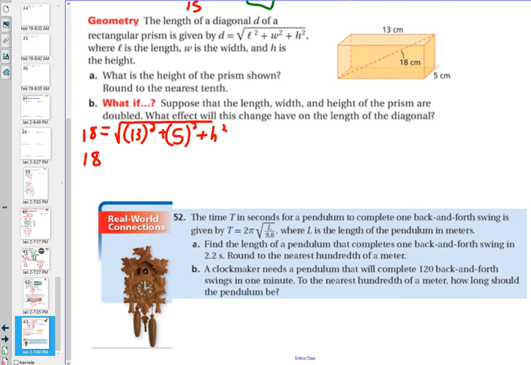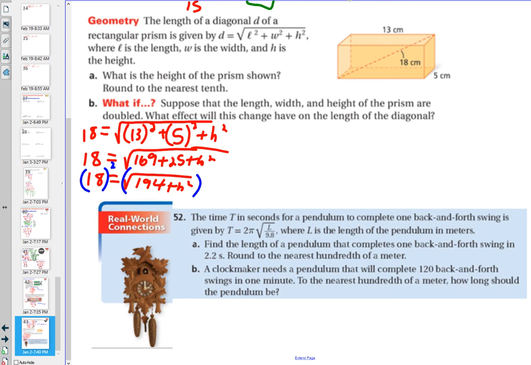So 18 equals square root of 169 plus 25 plus h squared. 18 is equal to square root of 94 plus h squared. What do I do next? Square both sides. And 324.